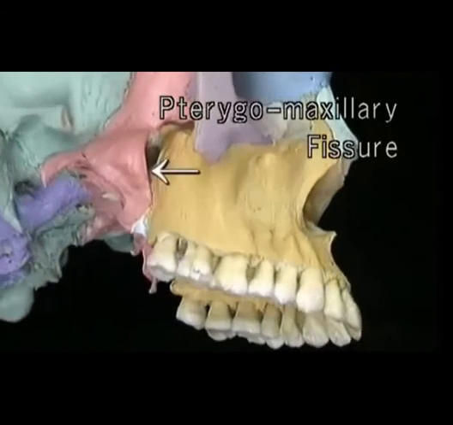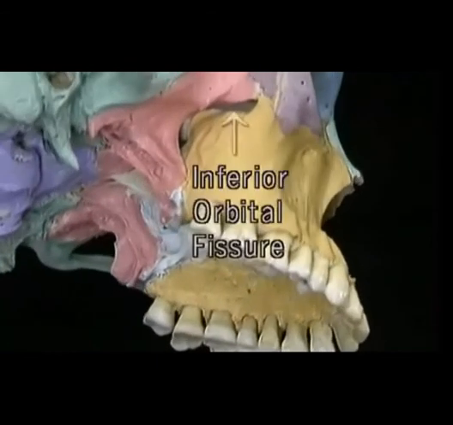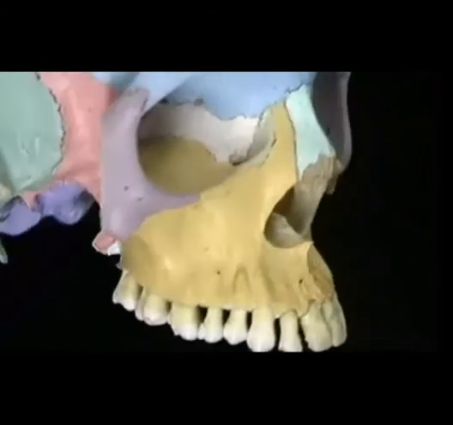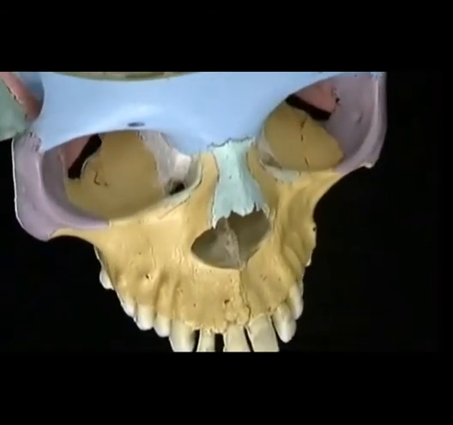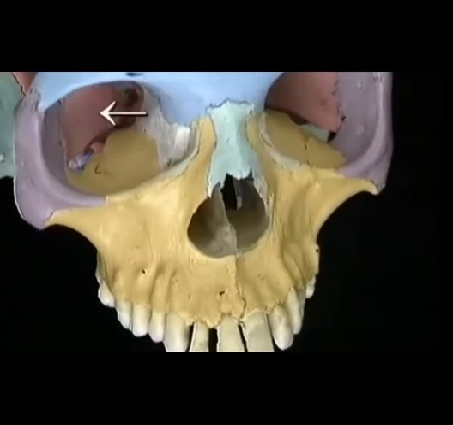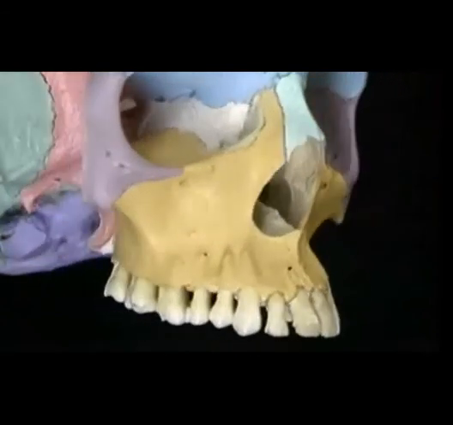The vertical part of the cleft is called the pterygomaxillary fissure. The horizontal part of the cleft is called the inferior orbital fissure. The inferior orbital fissure, here it is from the front, separates the floor of the orbit formed by the maxilla from the lateral wall that is formed by the sphenoid.